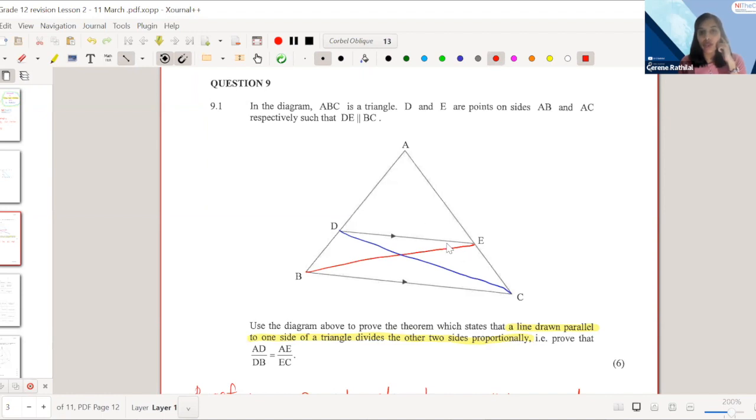I want to draw a line perpendicular to AB that joins E. And actually this line is going to denote the height, right? So this is the height of that triangle, right? So I hope that everyone's on par. I'm taking it slow. I hope that you followed.